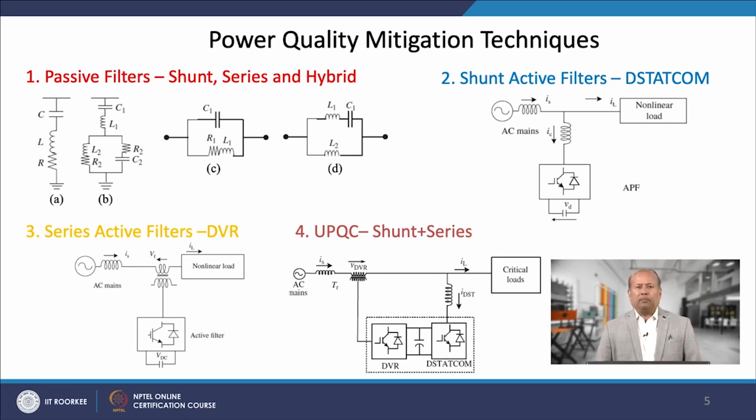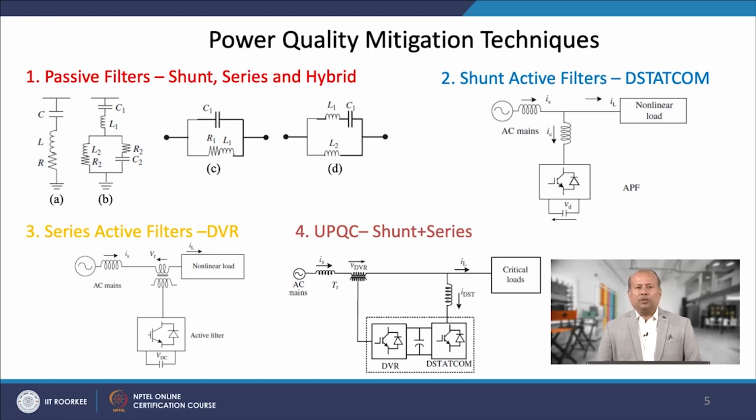The active filters are mainly classified as shunt active filters, series active filters and unified power quality conditioners, so-called UPQC. The shunt active filter is used to mitigate current related PQ problems and is also called a distribution static compensator, whereas the series active filter is used to mitigate voltage related PQ problems and is also called a dynamic voltage restorer.